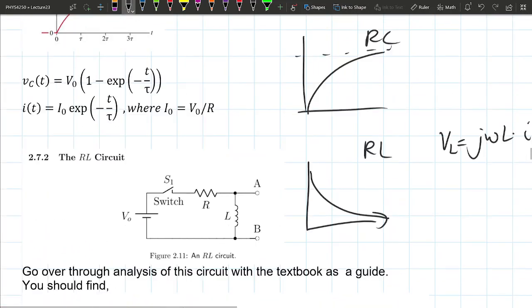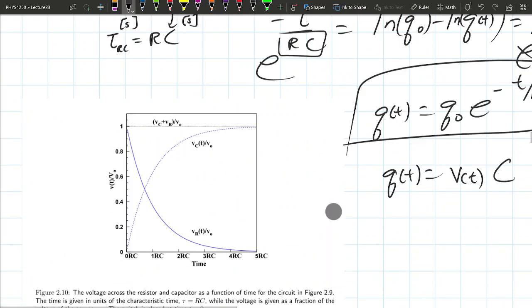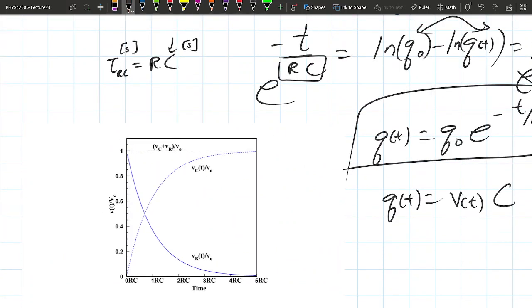Because for the RC circuit, the constant was R times C. It's whatever is underneath t, that's what I'm concerned with.